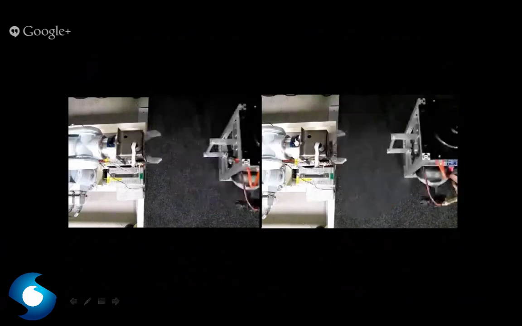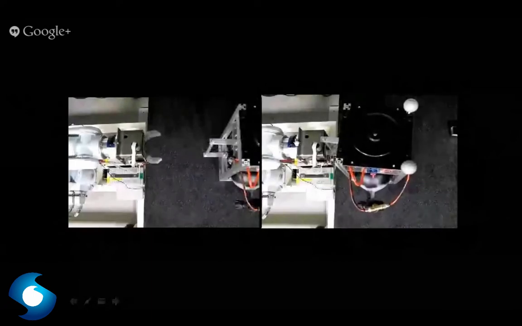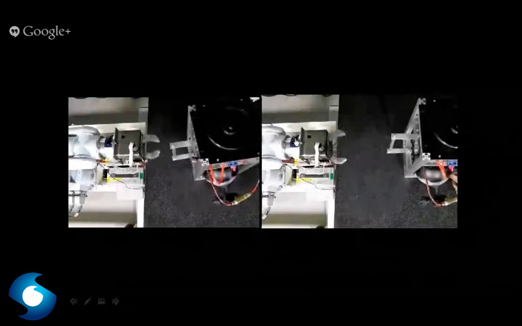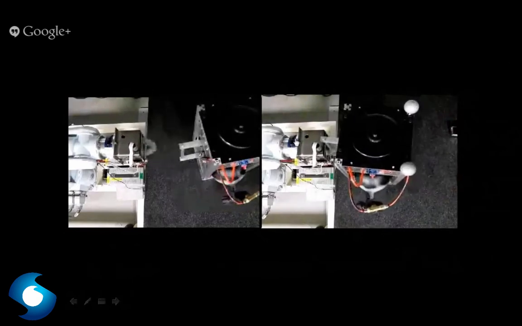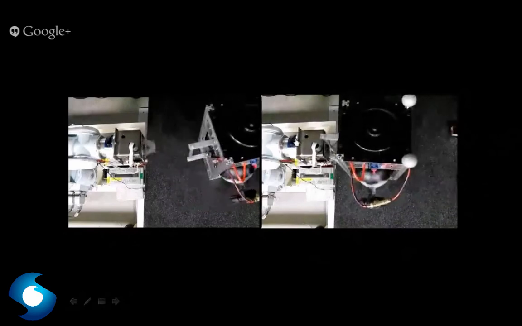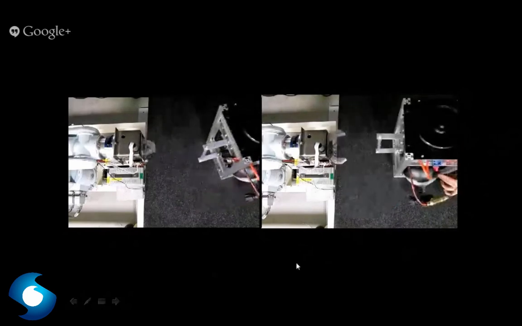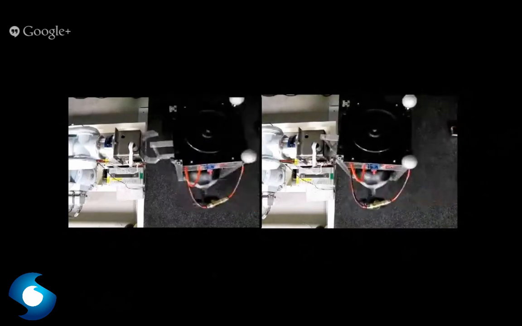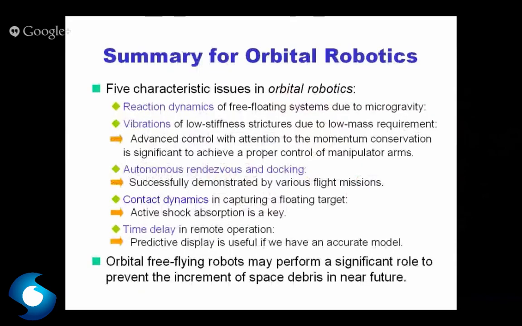So after some discussion and investigation of the impact contact dynamics, this is just an example, but we can obtain such an interesting and practical solution for safer manipulator operation for capture and retrieval of a free floating target.